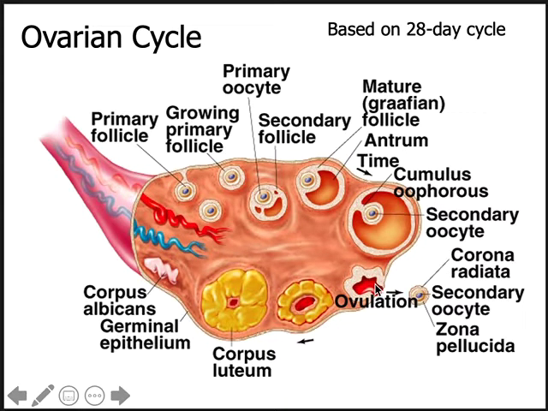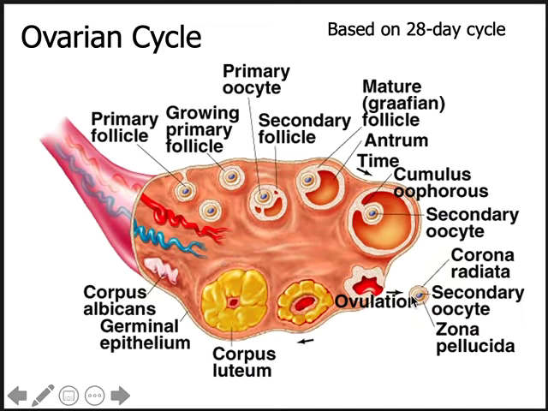Before ovulation, the oocyte will be a secondary oocyte, and then it will burst and release. Okay, the follicle will burst and release the secondary oocyte.